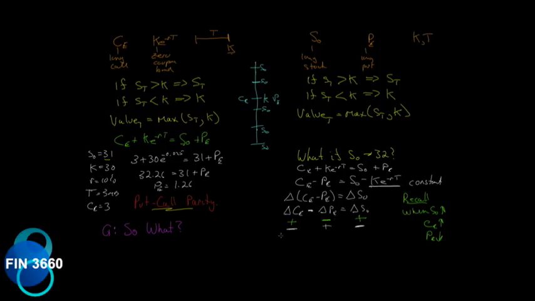And it's very easy to do by just taking the absolute value of the change in the value of the call plus, and there's our plus sign now, the absolute value of the change in the value of the put must equal the absolute value of the change in the stock price. So if the stock price goes up $1, the change in the call plus the change in the put will equal, notice this is a hard equal sign, the change in the stock price.